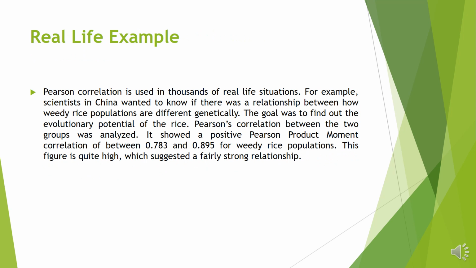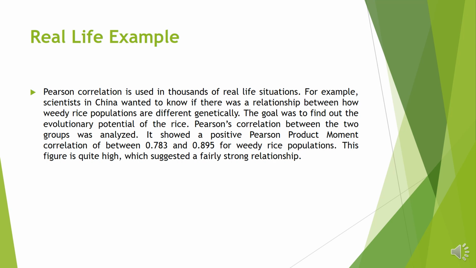So, real life examples of the Pearson correlation. Pearson correlation is used in thousands of real life situations. For example, scientists in China wanted to know if there was a relationship between how VD rice populations are different genetically.